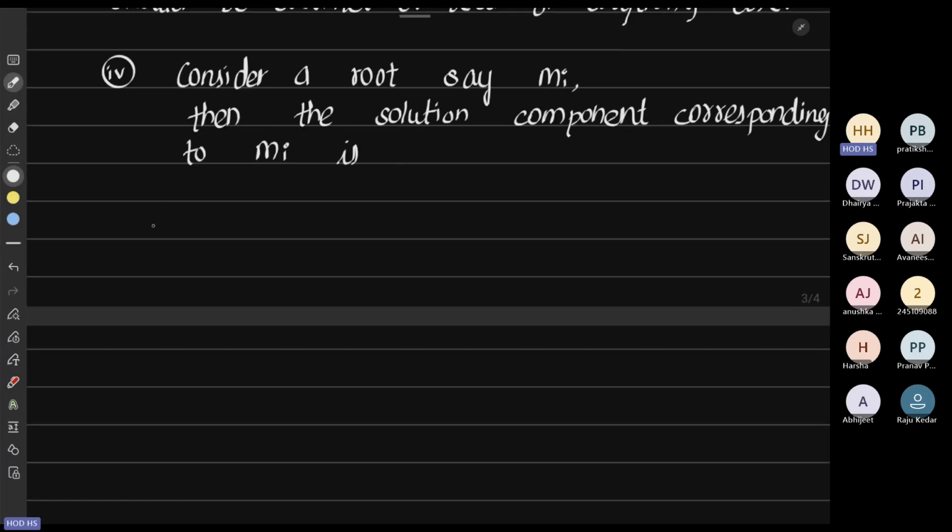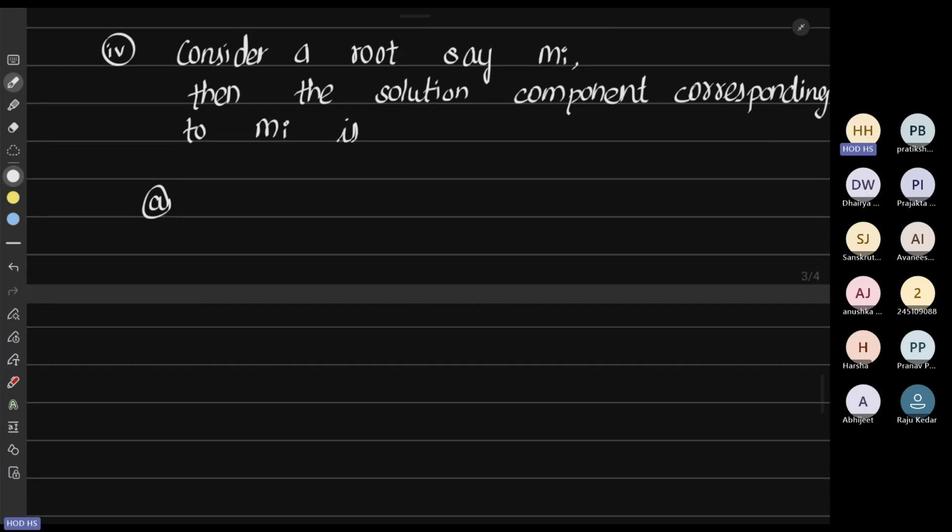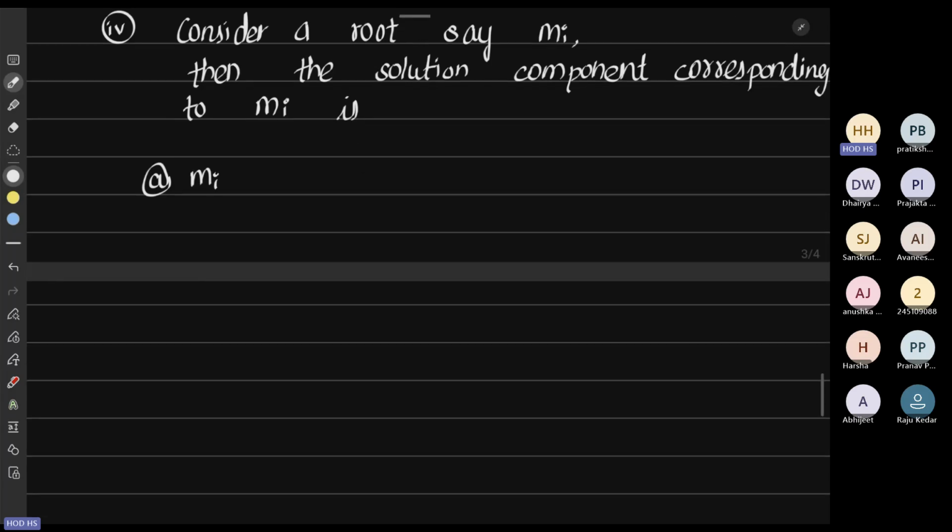We will majorly divide it into two cases. The first one: mi is repeated, or appeared k times. By that I mean there are k equal roots.